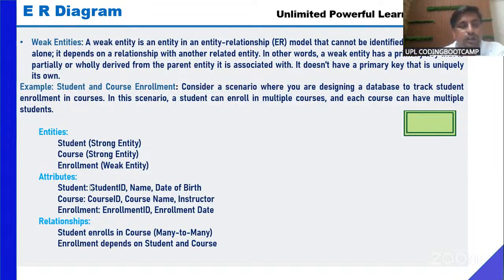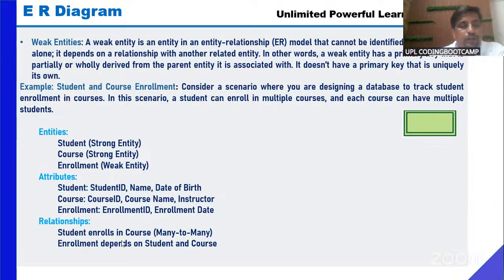So these are called attributes. It is part of the student columns. When we have a student, these are the column names we will be having, which in general we call an attribute. But how does student have a relationship with the course? Student enrolls for the course, a many to many relationship. That means many students enroll for many courses, and many courses will be enrolled by many students.